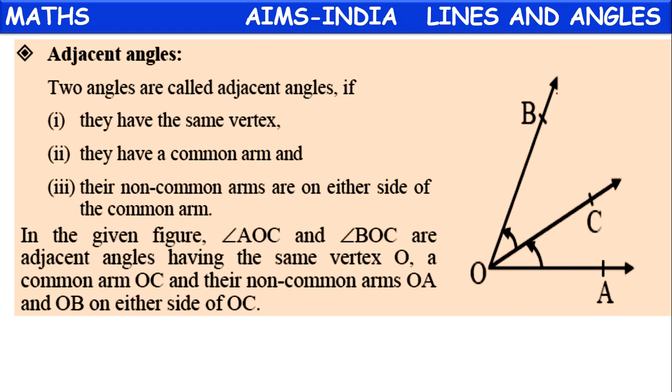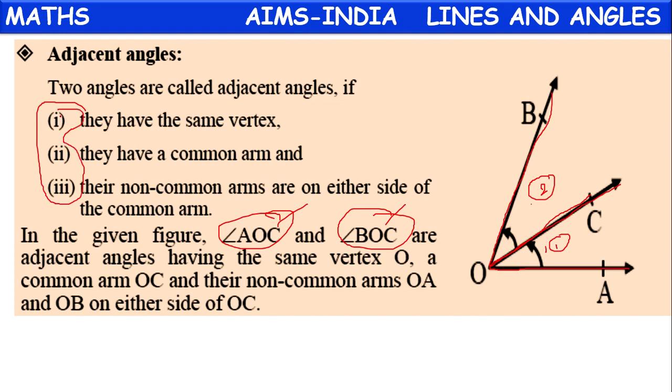So if you observe this diagram, children, AOC is the first angle, and BOC is the second angle. We have two angles, and we have to check whether they have these three properties or not.